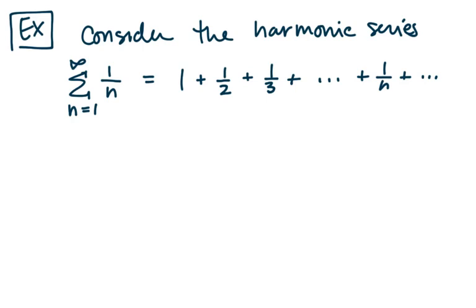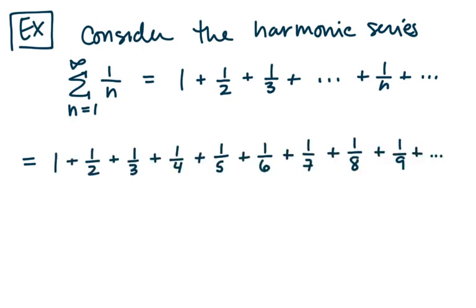So let's think about what this looks like. I'm going to write out more terms here to explain this to us. So let me write out to the 9th term. I'm going to look at the sum of these terms, in a sense, in groups. So this first one here, we're going to leave the very first term out. So my second term, we're going to treat that as just 1/2.